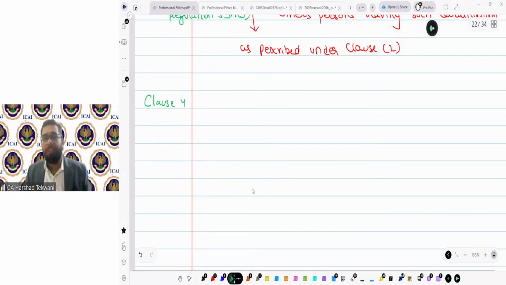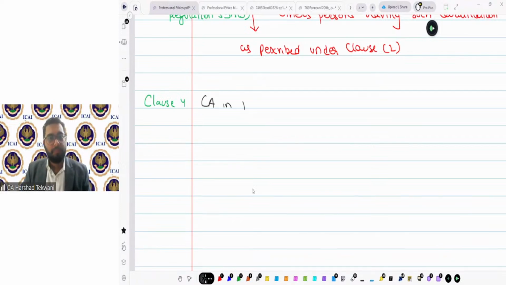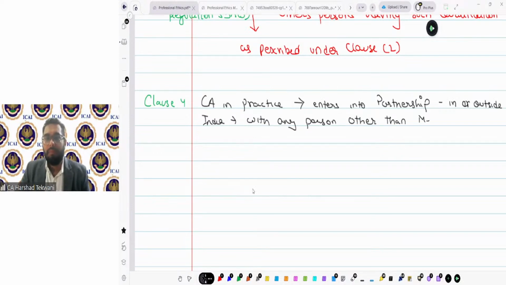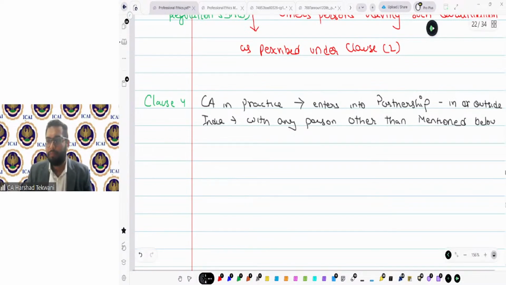Now, clause 4. Clause 4 talks about if a CA in practice enters into a partnership, in or outside India, with any person other than those mentioned below, then in that case he can be held guilty of professional misconduct.